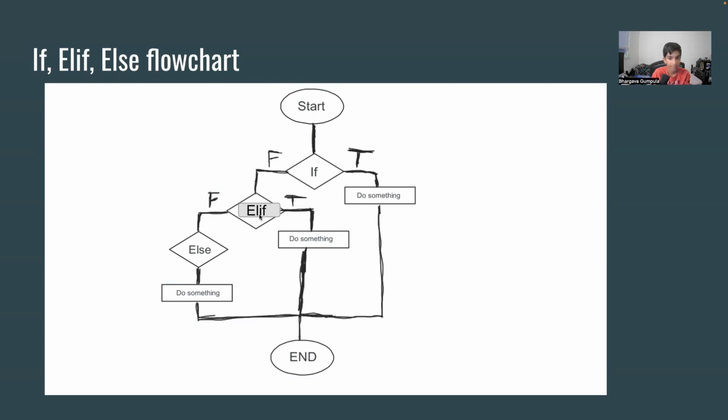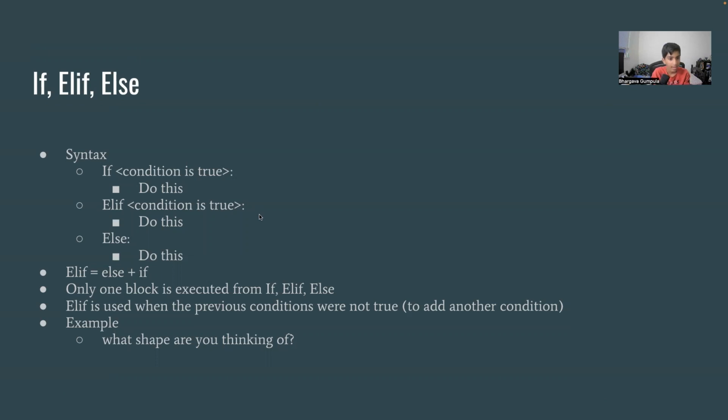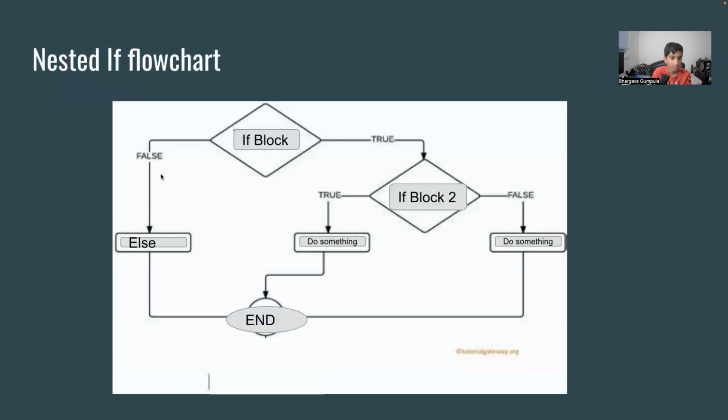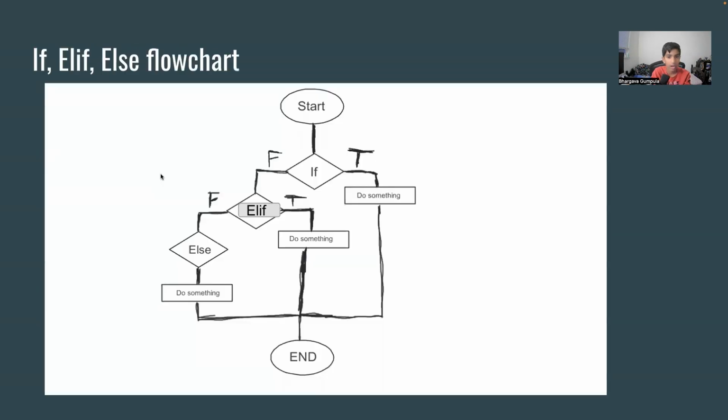If the first if statement is true, it does something and ends, skipping the elif and else. If it's false, it goes to the elif. If the elif is true, it does something and ends. But if it's false again, it moves on to the else. So whatever else happens, it does something.